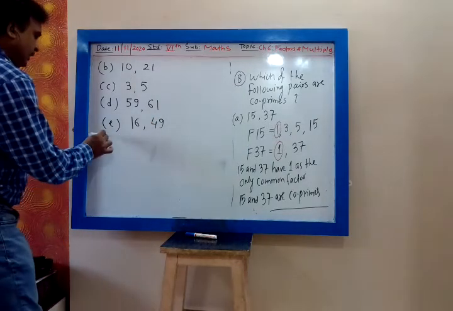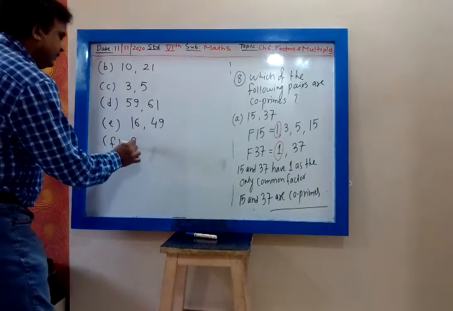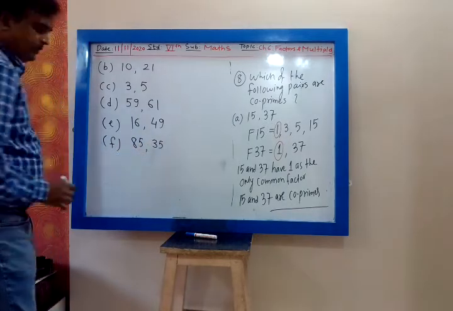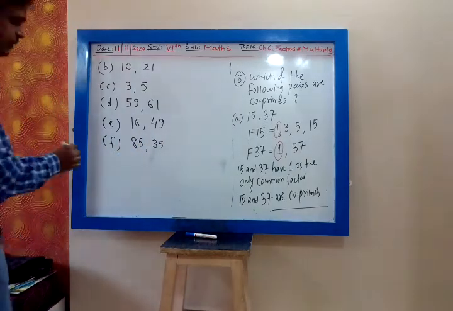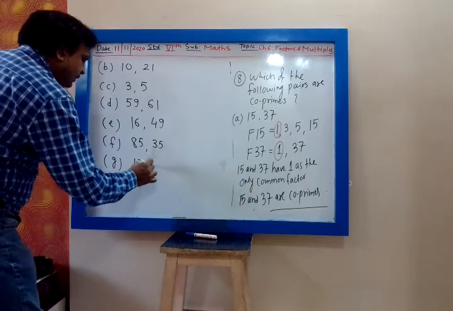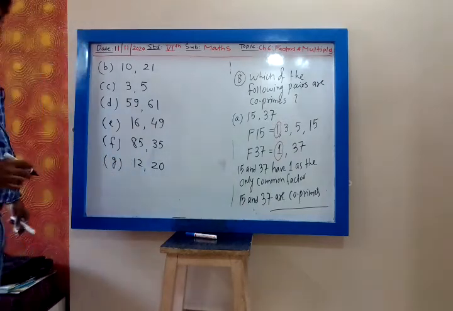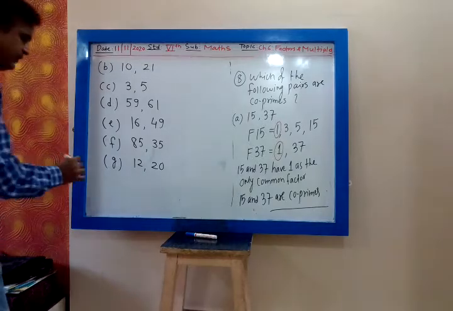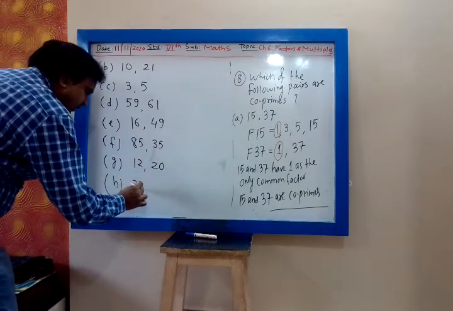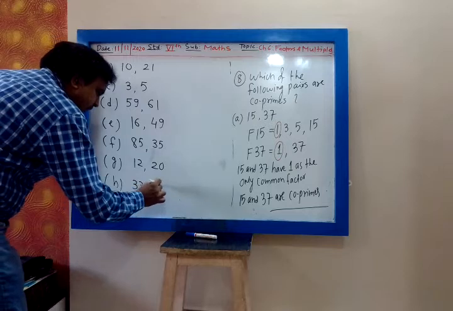F: 85 and 35. Then G: 12 and 20. Then H: 33 and 55.